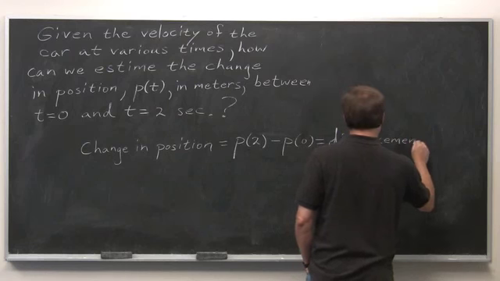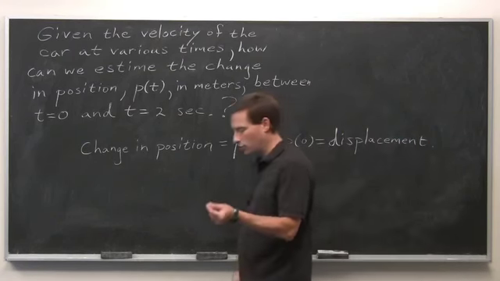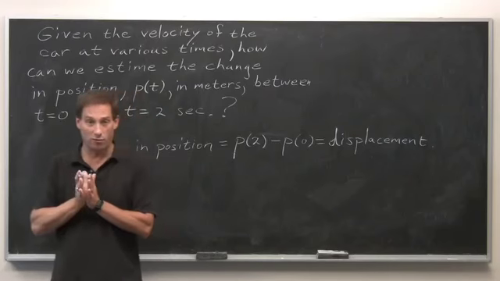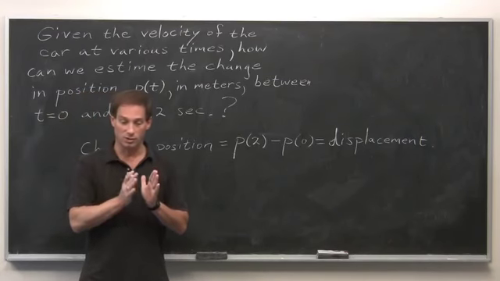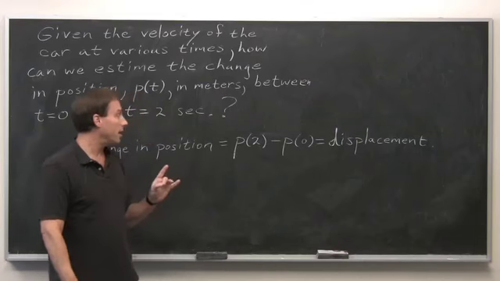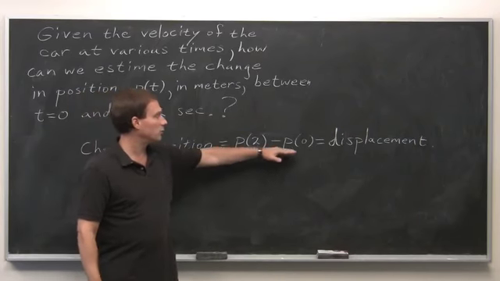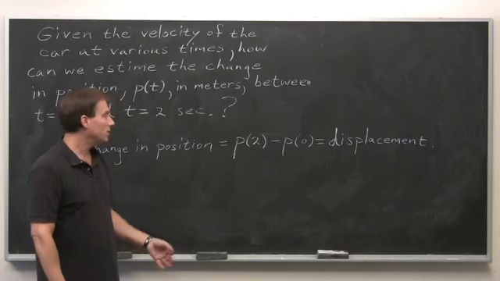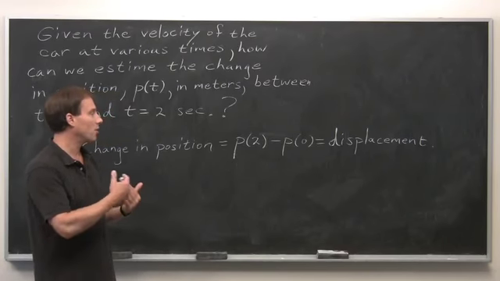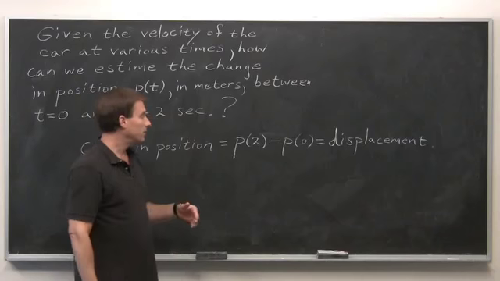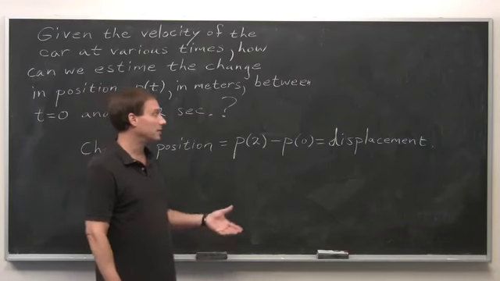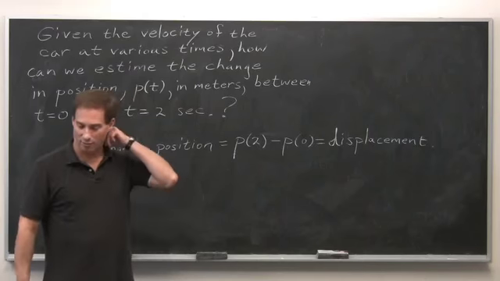It is not necessarily the total distance traveled. You've marked off positions along this road, and it's the position at 2 minus the position at 0. So if the car changes direction, this change in position would not be the same as the total distance traveled.